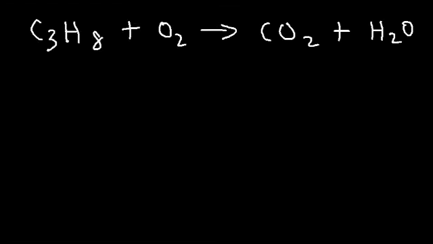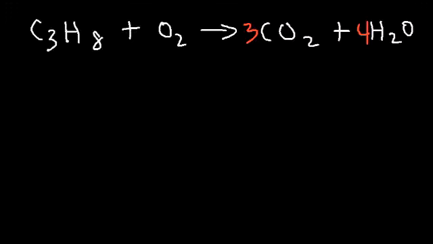Whenever you're balancing a combustion reaction, balance the carbon atoms first, and then the hydrogen atoms, and save the oxygen atoms for last. So we have 3 carbon atoms on the left side, so let's put a 3 in front of CO2. And notice that we have 8 hydrogens on the left side. So 8 divided by 2 is 4. So let's put a 4 in front of H2O.